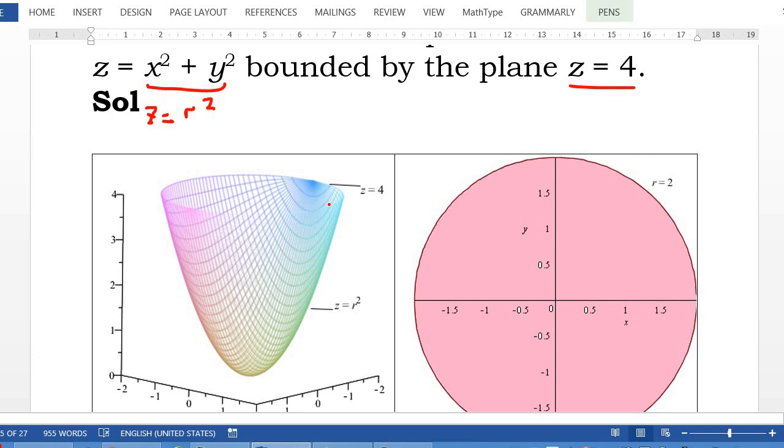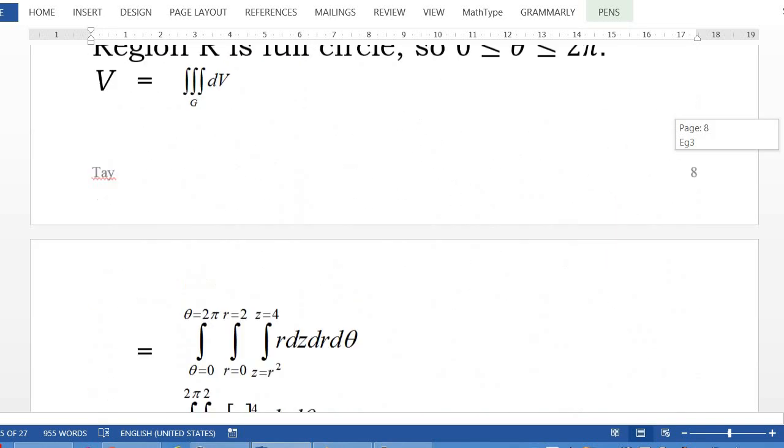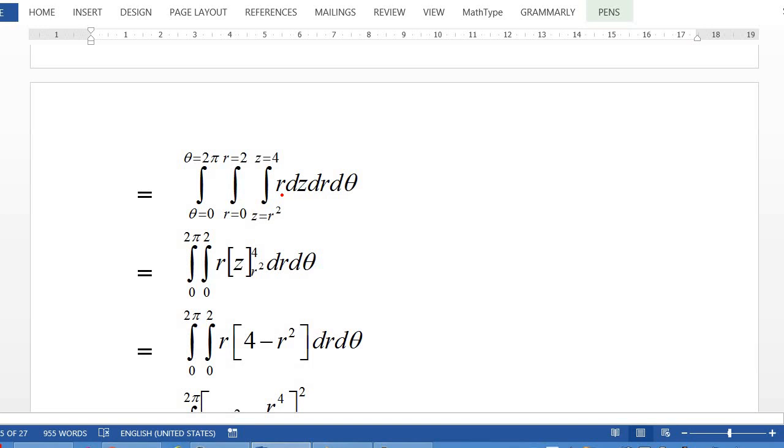The lower limit will be the lower surface, z equal to r squared, up to the upper surface z equal to 4. So dv is r dz dr d theta. The lower limit is a paraboloid, the upper limit is a flat z equal to 4.